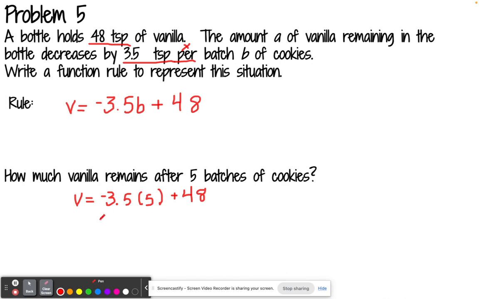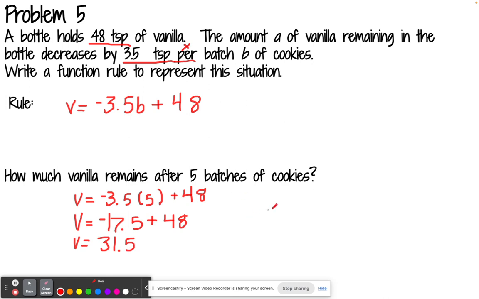I believe that is negative 17.5. Plus 48. So the amount of vanilla I will have remaining after I make my 5 batches of cookies will be 31.5. Did I do my math right?